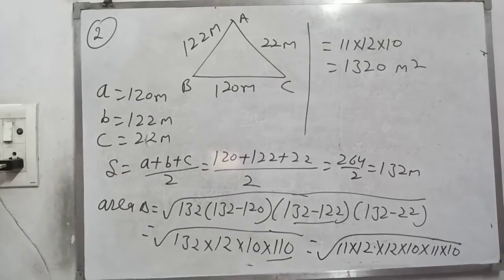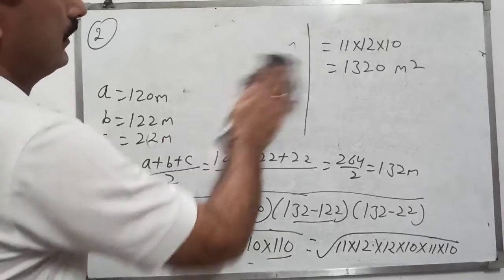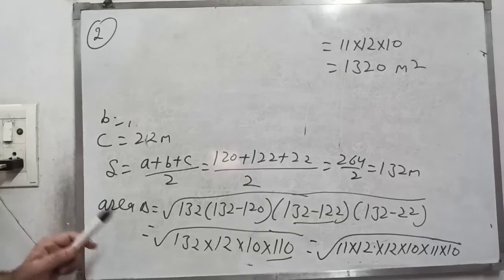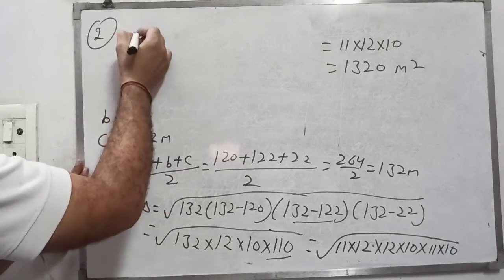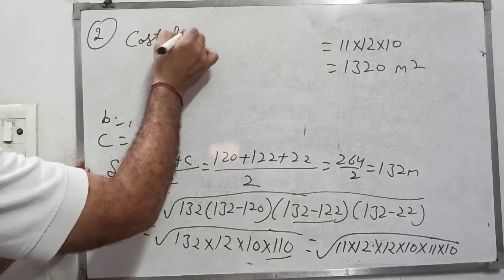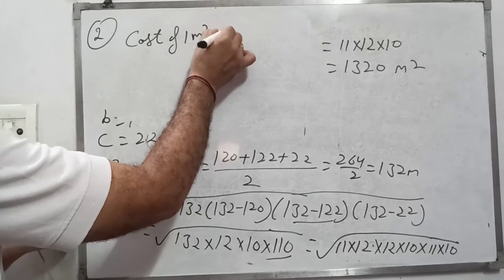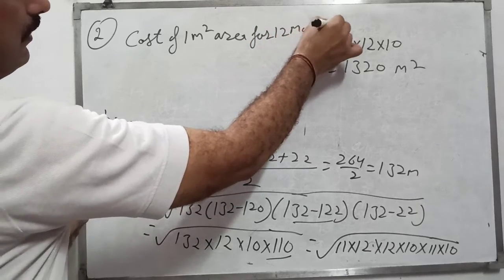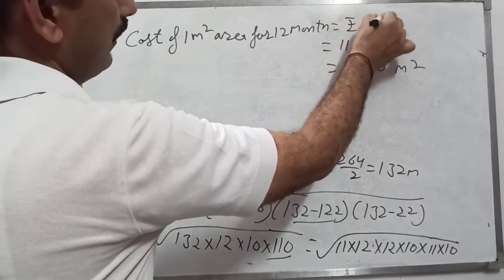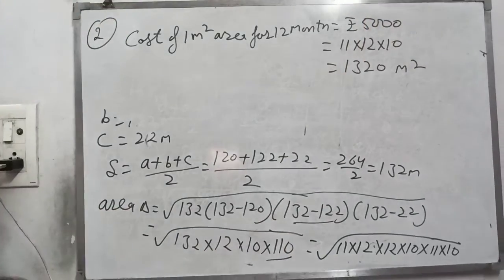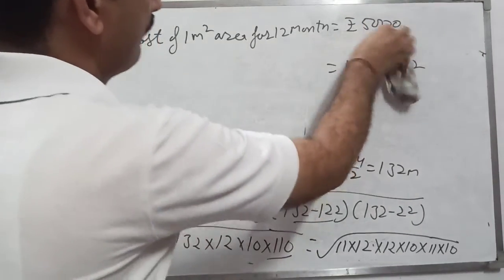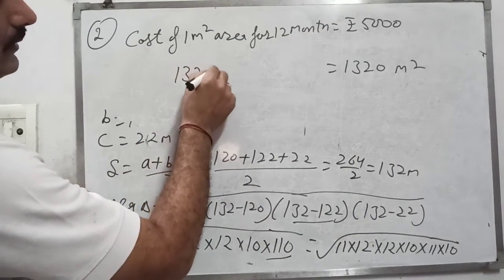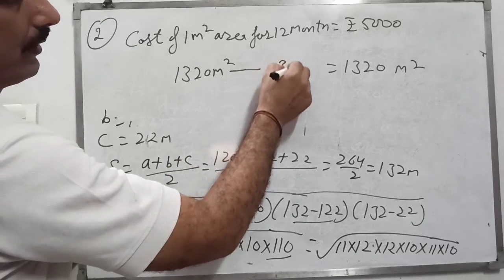Now we find the cost of the wall. The rent is given for 1 year, that is 5,000. So the cost of 1 meter square area for 12 months is rupees 5,000. What we want to find is the cost for the area for 3 months.